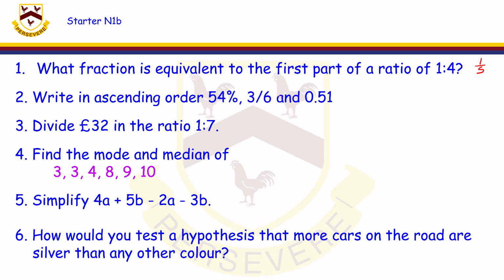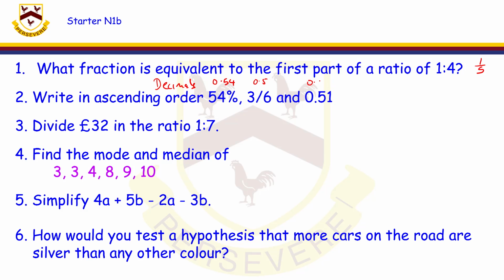Now, when I look at these, I think, right, I'm going to convert them into something that's the same, or make them the same, as we always say. So I'm going to use decimals. 54% is 0.54. 3 out of 6, that's a half. It's the same as 0.5.